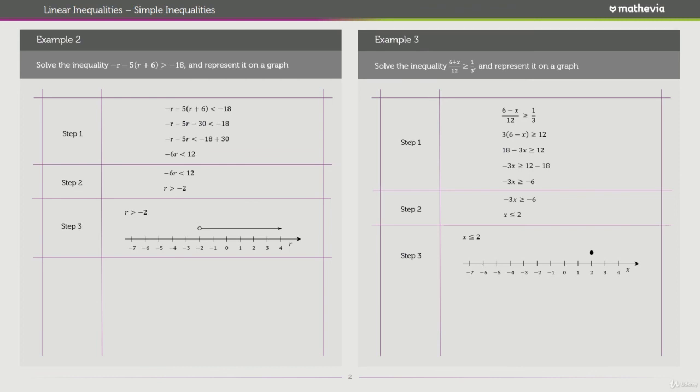We have an arrow pointing to the left, showing that the numbers in the set are smaller than 2, so you have 1, 0, -1, -2, -3, -4, -5, and so on.